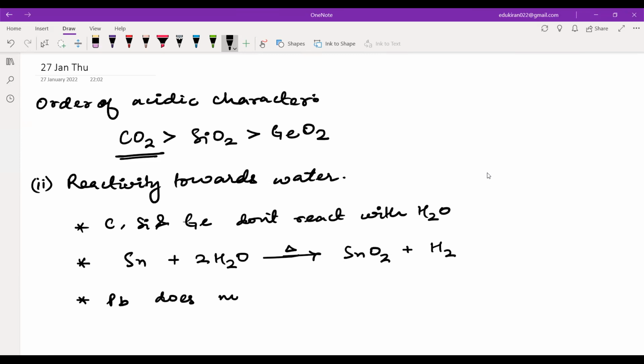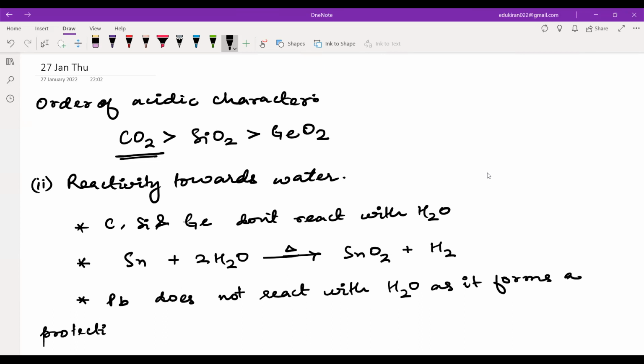Pb does not react with H2O as it forms a protective layer of oxide.